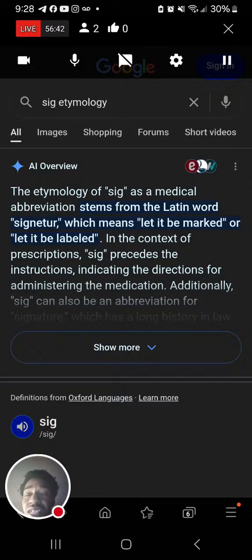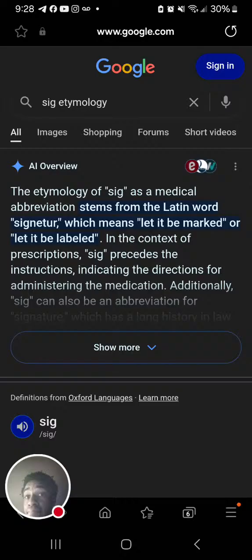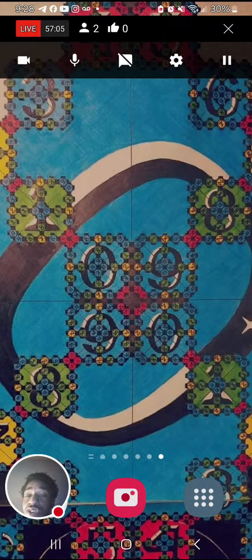The roots of it would have to deal with a mark or a label, a signature, a sign of nature is what I consider. Sign of nature. A natural sign at that point. And that's what this is pretty much, a sign of nature, a natural sign.